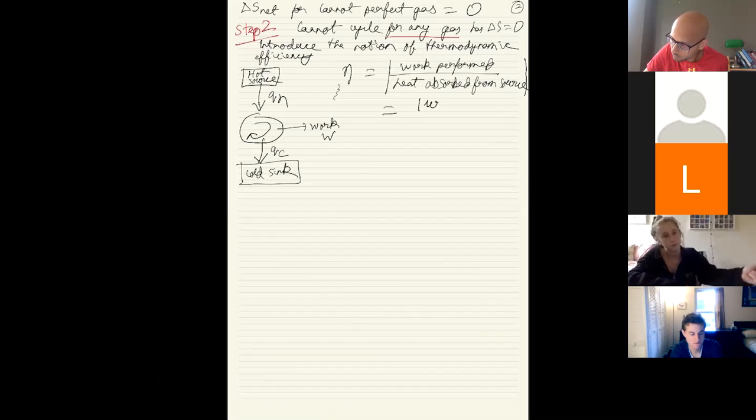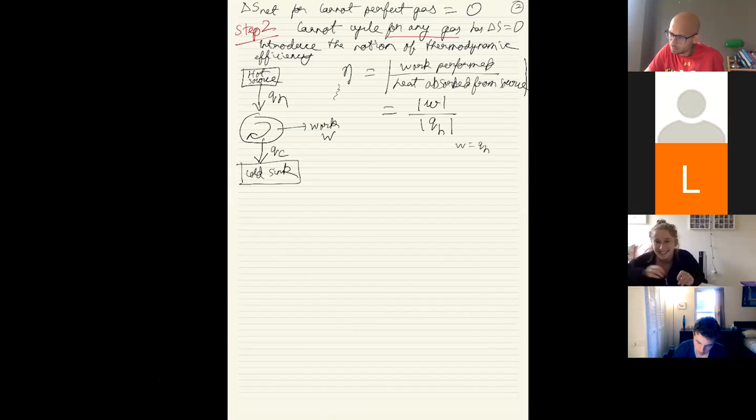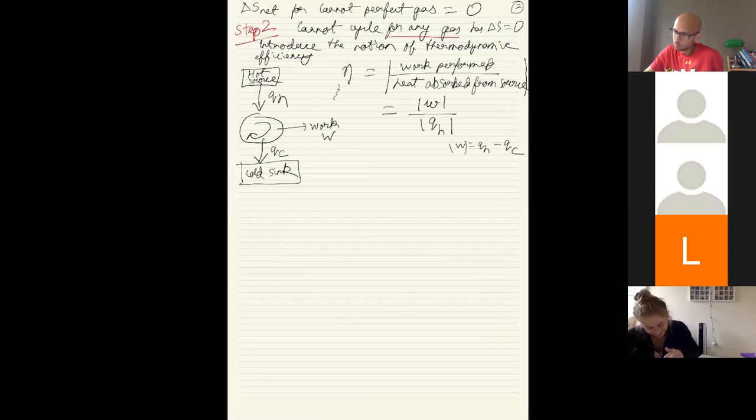So how do we write this down here? This is modulus of W divided by modulus of QH, right? If anyone wants the book, I can send you the reference. We have had this discussion on Slack. I don't know who was talking about this, but why doesn't QC show here? QC doesn't show here because if all the things were positive, for example, then W is equal to QH minus QC, right? Let's use modulus to keep things simple.